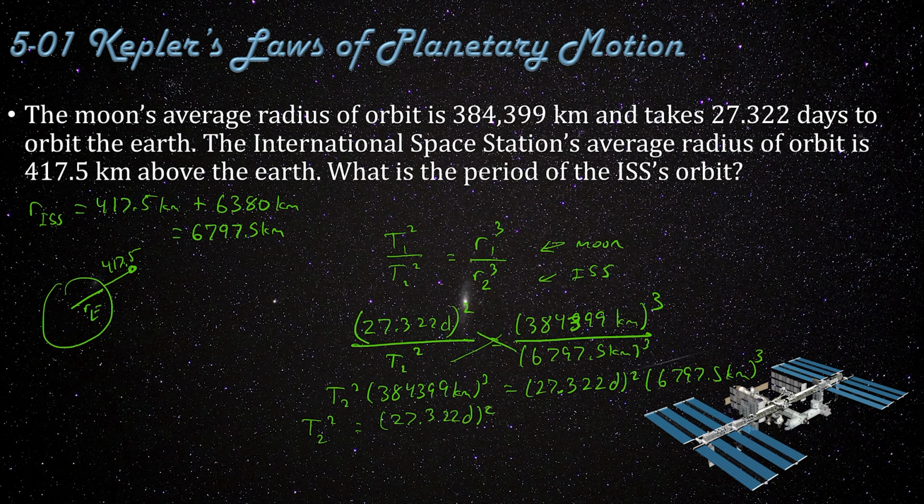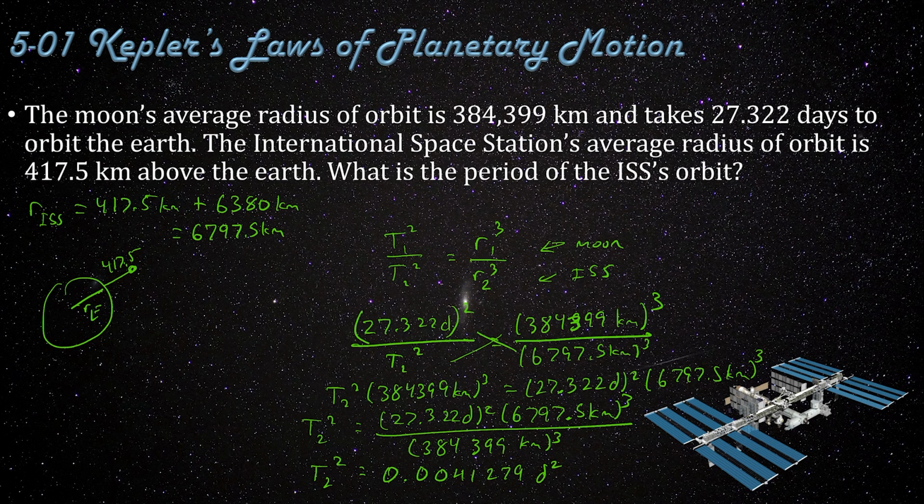Don't forget the squares and the cubes, divided by the 399 kilometers cubed. I put that in the calculator and I get 0.0041279 days squared.